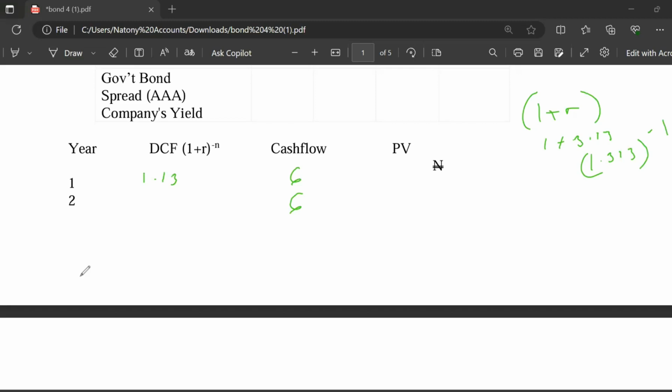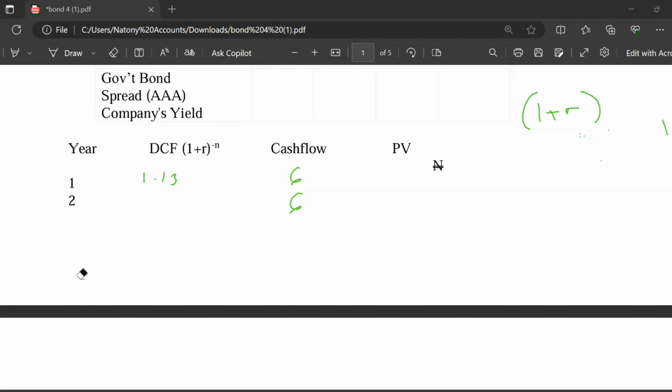Sorry, this is supposed to be 0.0313. Let me take this off and write it again.